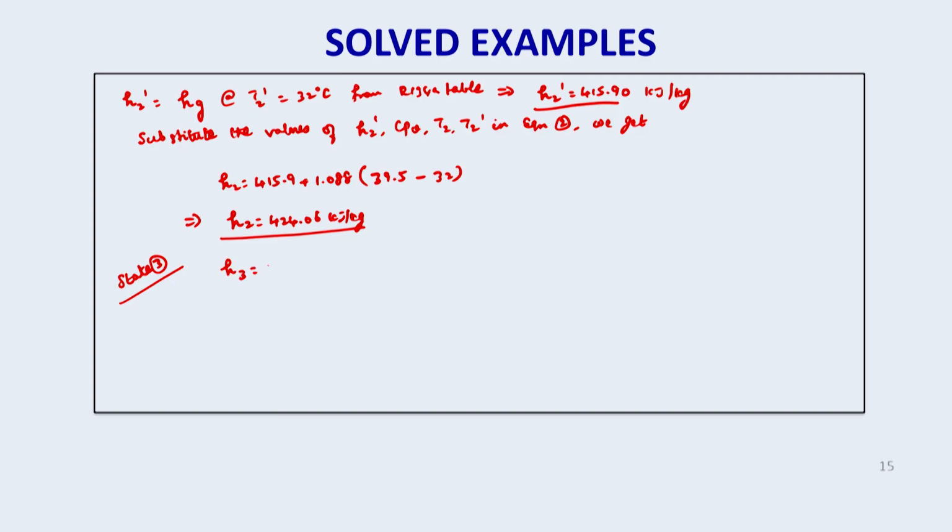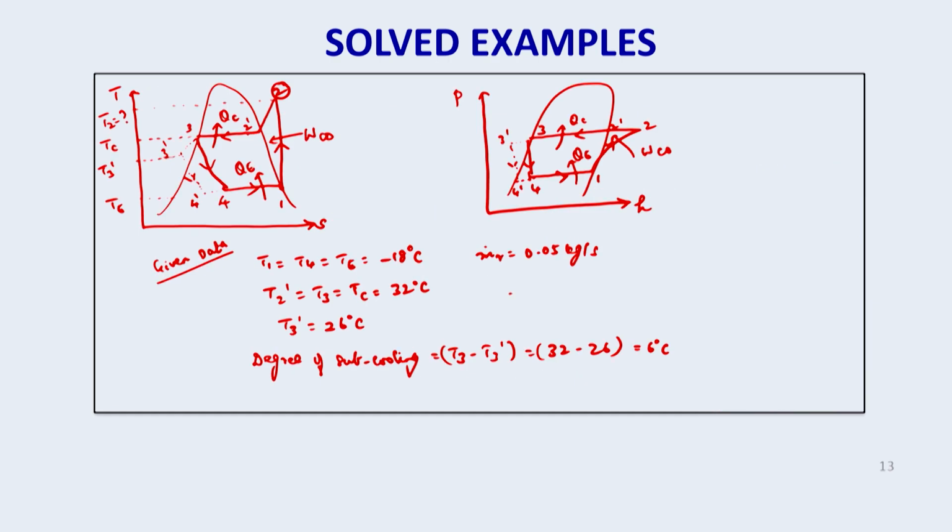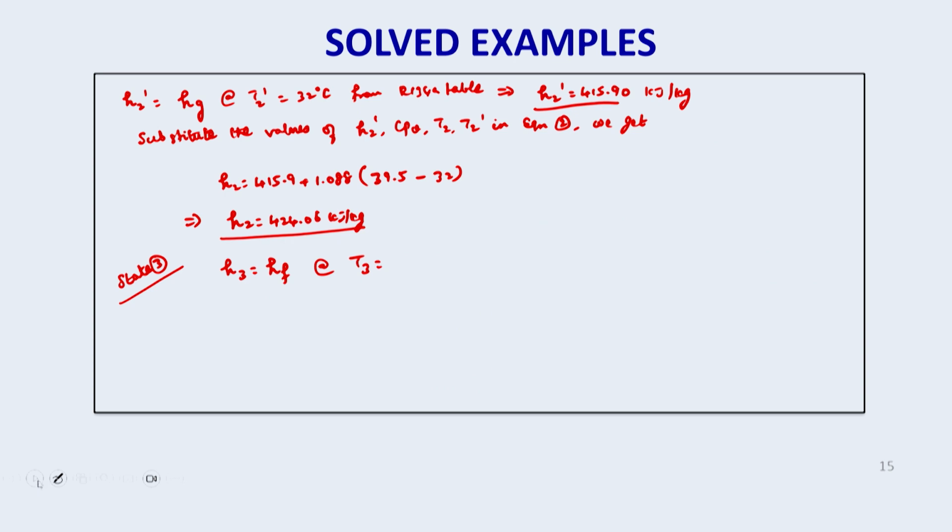Enthalpy at 3 is equal to liquid enthalpy. So we can write HF3 or HF, which is equal to the value at T3 temperature. What is the temperature of T3? That is condenser temperature. T3 is nothing but T2 dash, which is nothing but condenser temperature, 32 degrees centigrade, from the R134A table. So let us take the value from the table.